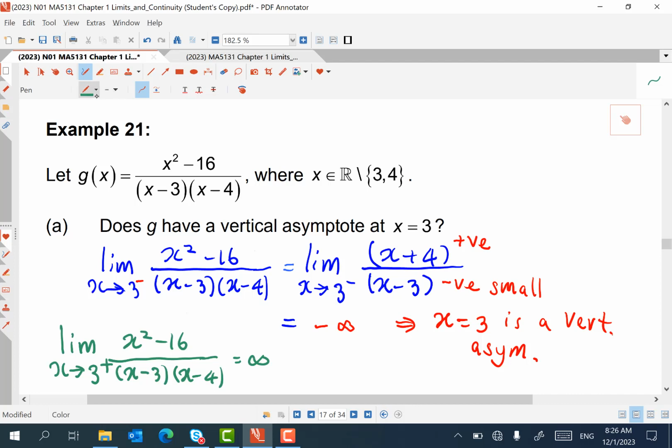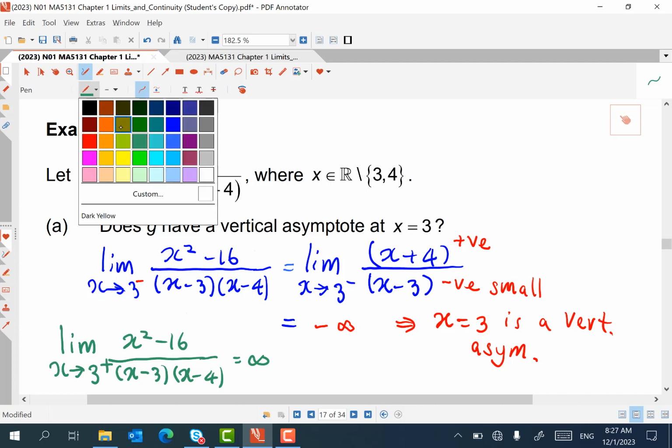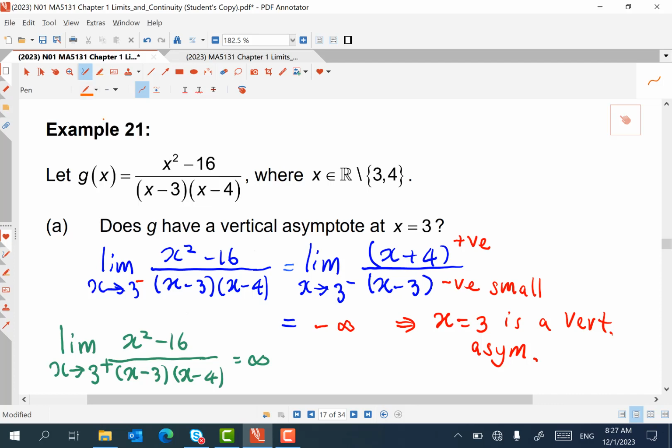Geometrically, could you now make an attempt to draw how it actually looks? If you draw this geometrically, this is 3. Geometrically, how does it look?